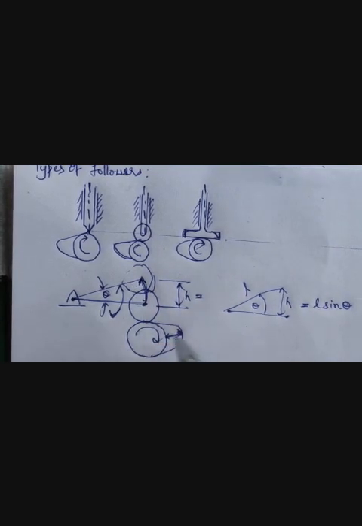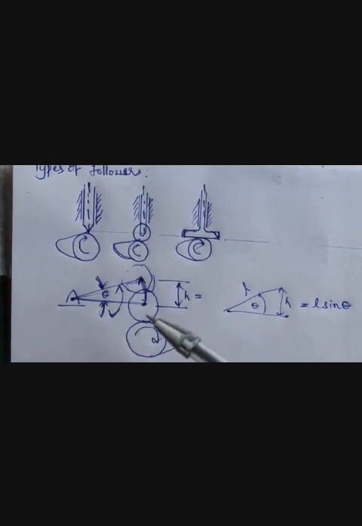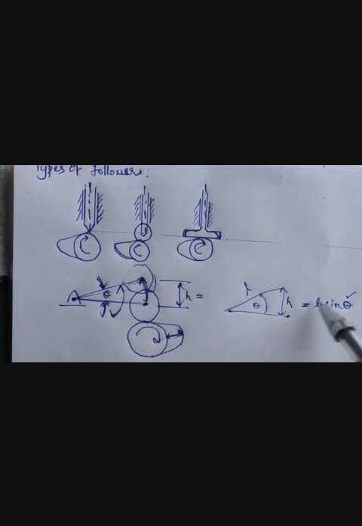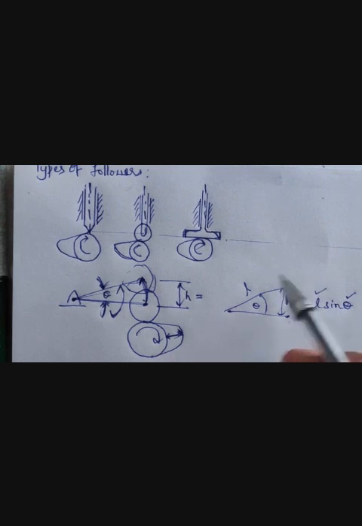If the lever length and the angle through which this oscillating follower, which is basically a lever, has to move are given, then you can find h, which will be later used for drawing a follower displacement diagram.